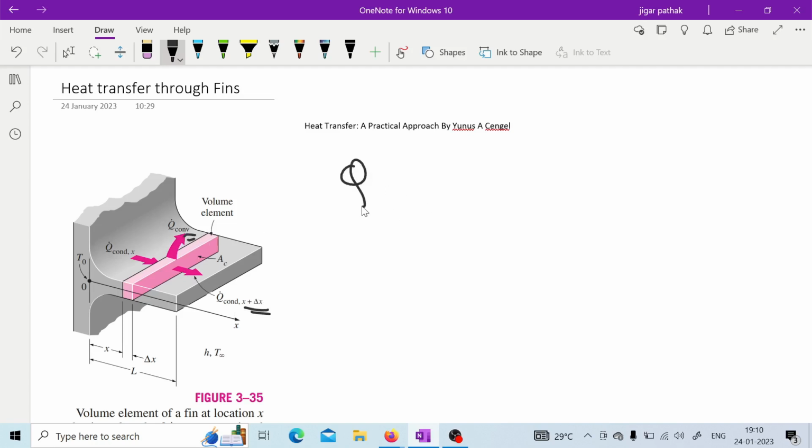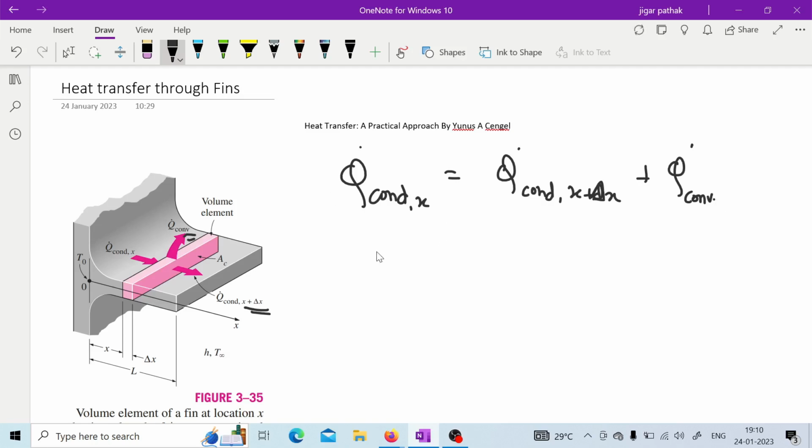If we write this heat balance, Q conductive at x will be equal to the heat transfer rate of conduction at x plus delta x, plus Q convection. This is how the heat balance can be written in this particular case.